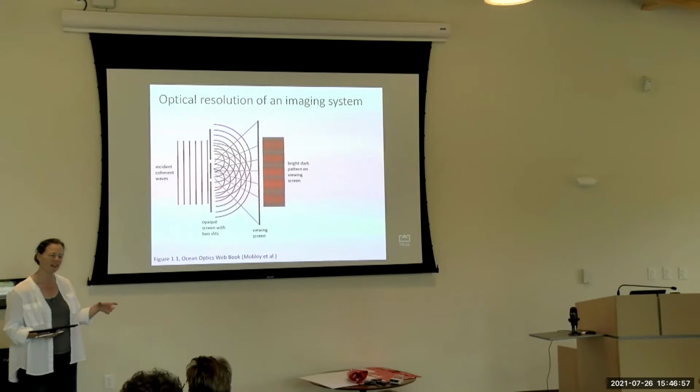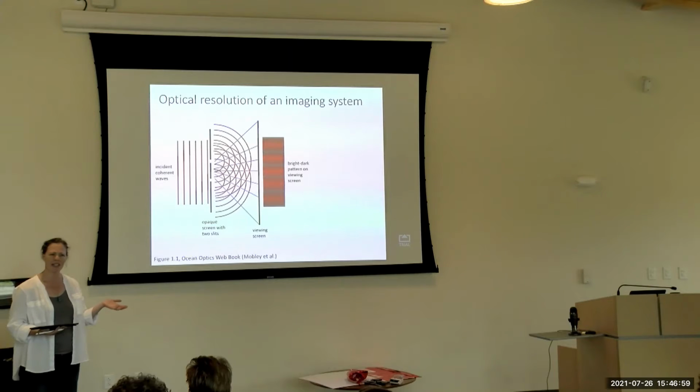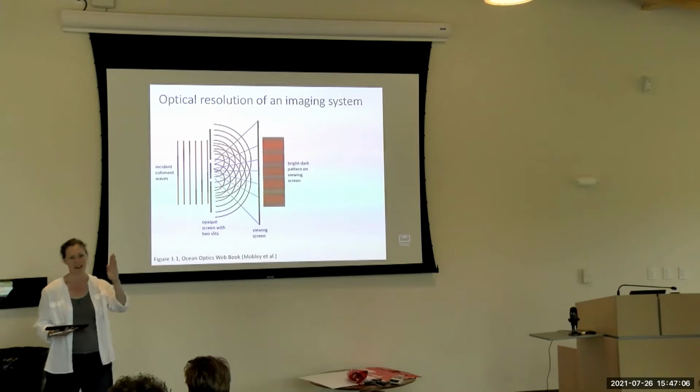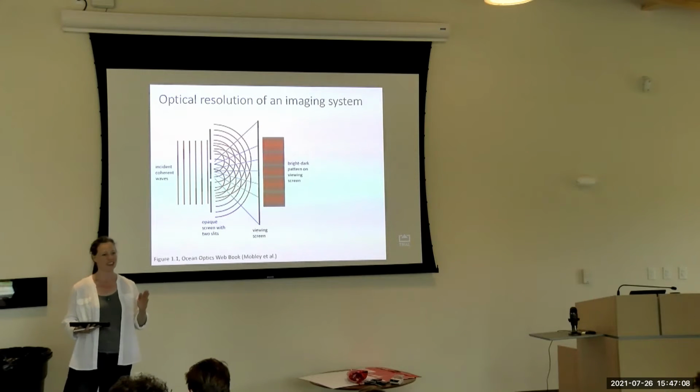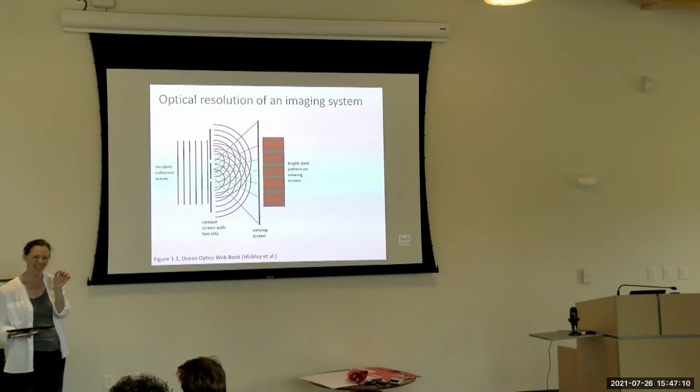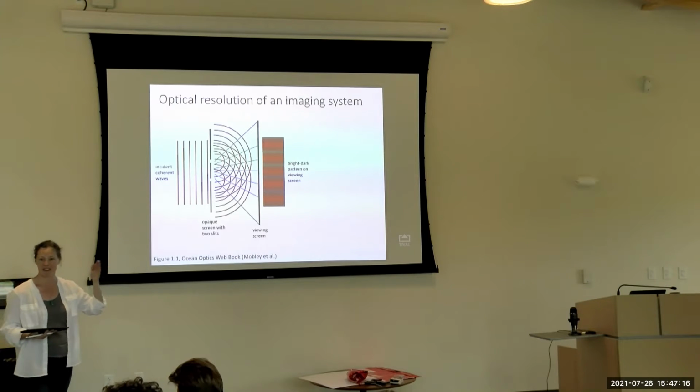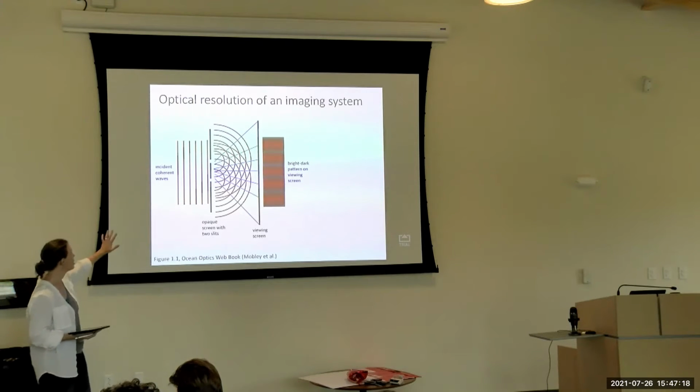experiment, similar in some ways to, I don't know if you guys did a two-slit experiment in the lab on the first day of class. You looked at the diffraction pattern around a hair, Charlotte's hair. And we saw the constructive and destructive interference patterns scattering around that hair. So this is different.